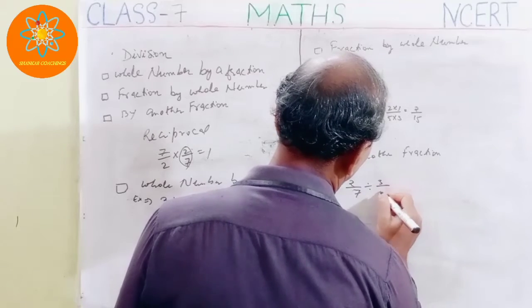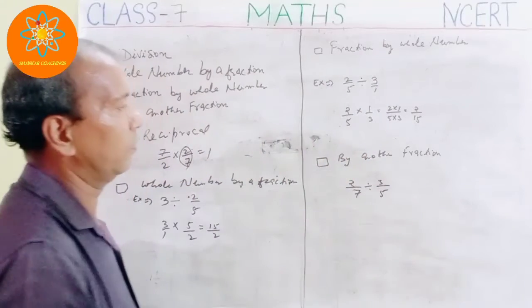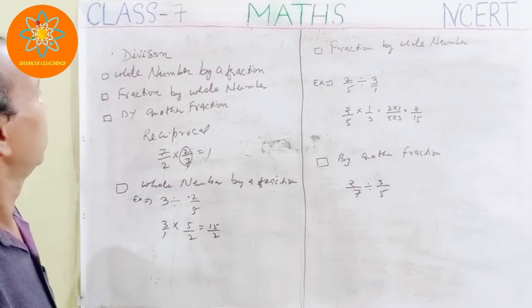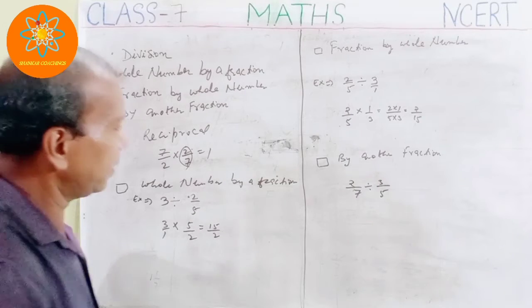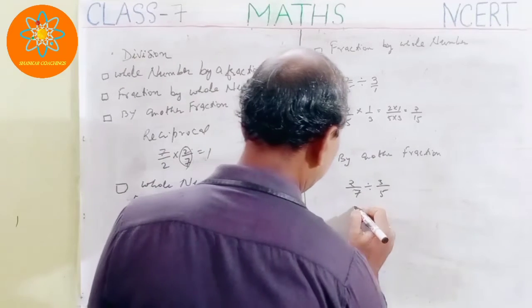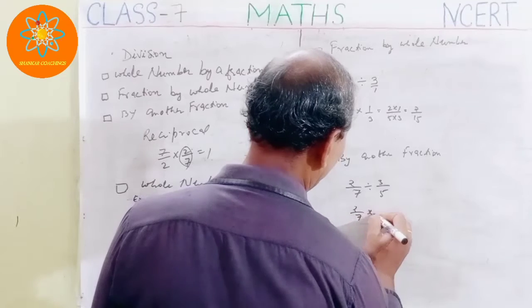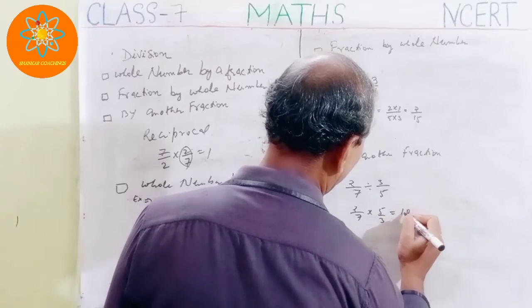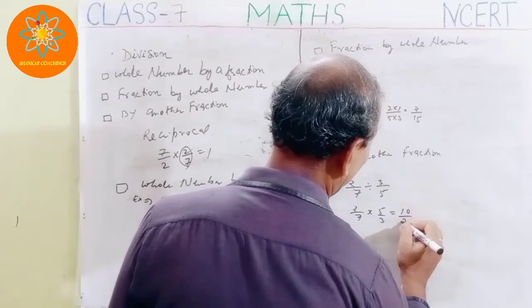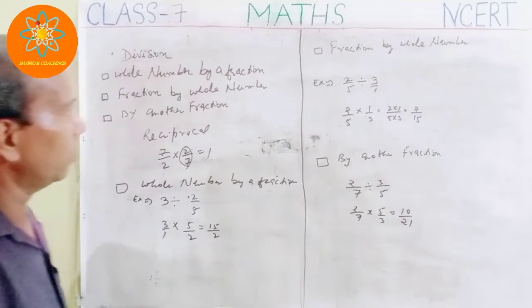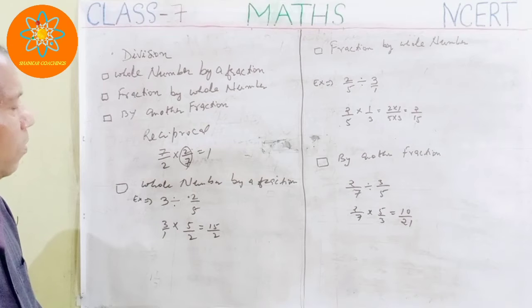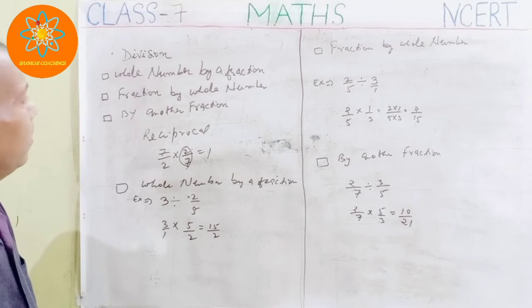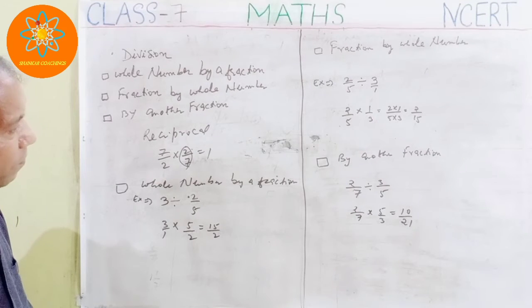Let's suppose 3 by 5. So how will the division take place? Obviously this is 2 by 7 into the reciprocal of this one, so 5 by 3. So it is equal to 10 by 21. So this is the case of division of a fraction by another fraction.